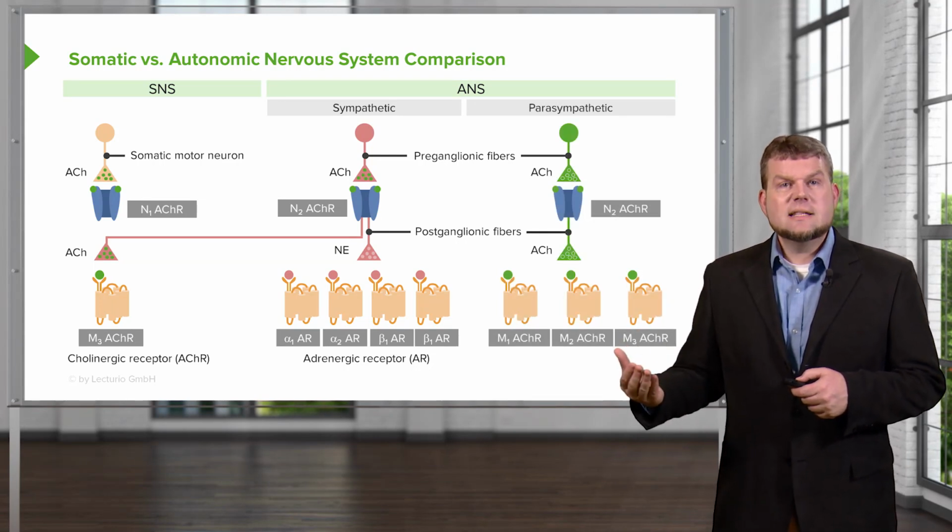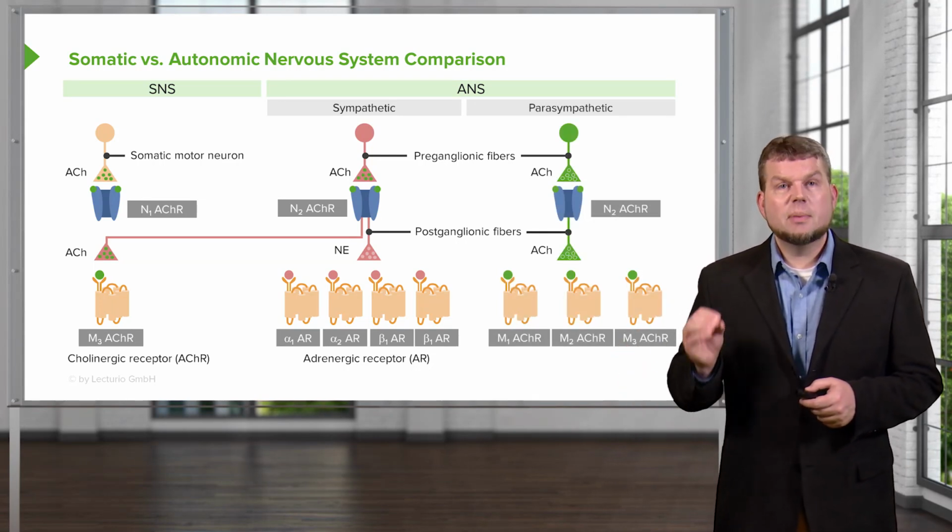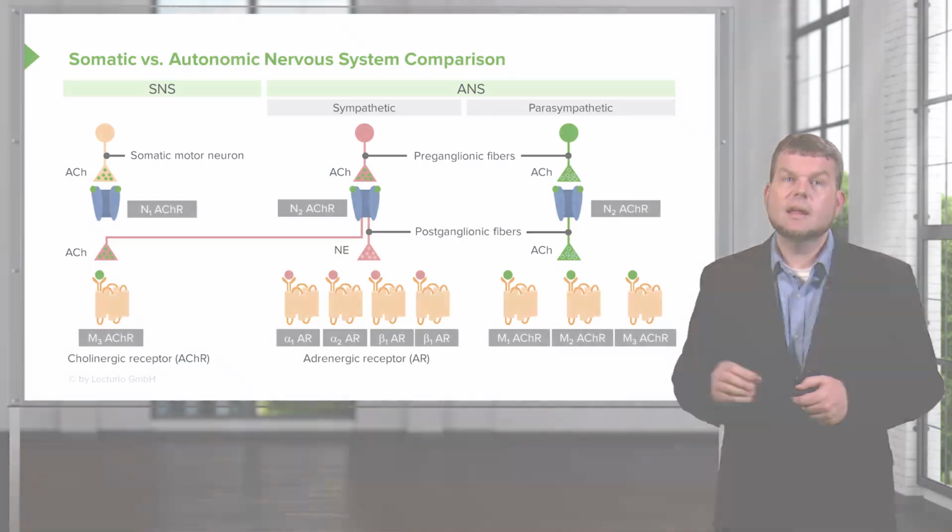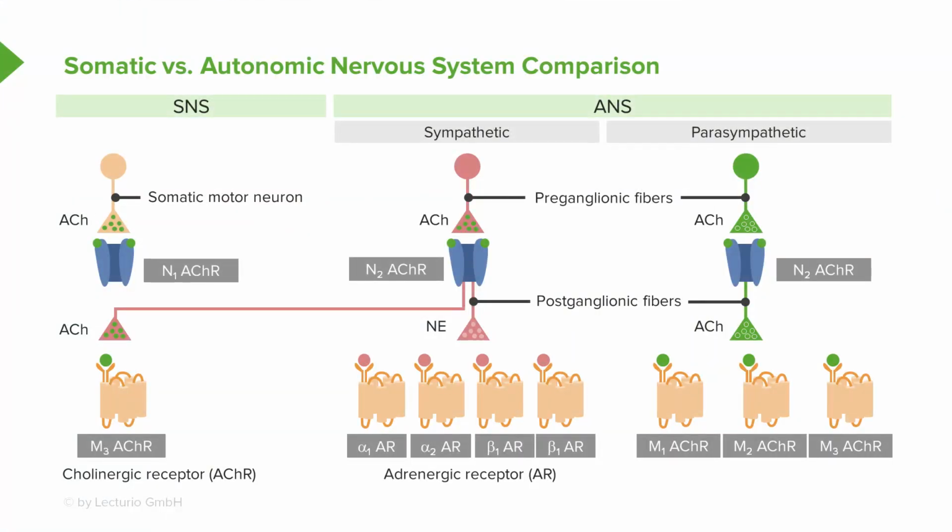Finally, we use our last compare and contrast by looking at the parasympathetic nervous system. Here, the preganglionic nerve, remember, is longer in nature, but it still uses acetylcholine. It releases acetylcholine, and that goes across the synaptic cleft and binds to a nicotinic type 2 receptor.